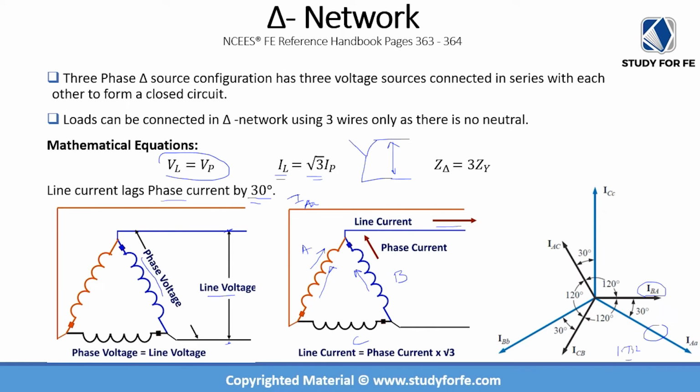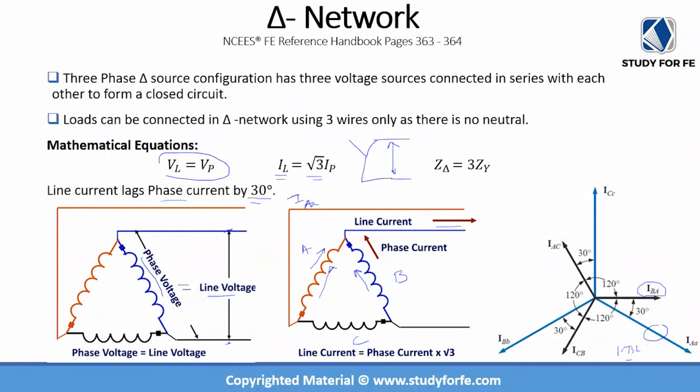Okay, so it can be confusing to remember the delta network equations and Y network equations, but when you draw it out, it will make perfect sense. You can see that the line voltage is equal to the phase voltage, and the line current is the sum of two phase currents.